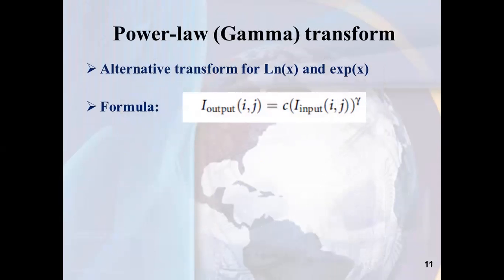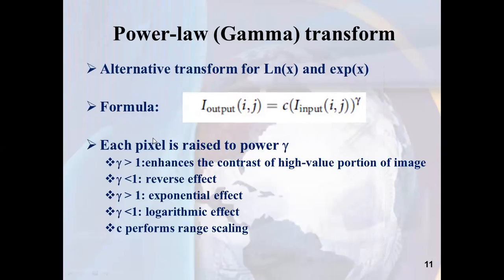Okay, power gamma transformation is an alternative transform for log and exponential. The formula is output equals c times input(i,j) to the power gamma. Power gamma, depending on gamma, covers both log and exponential. If gamma is greater than 1, we enhance the contrast of the high value portion, as if I applied exponential. If gamma is less than 1, as if I applied logarithmic, I am enhancing the contrast of the low value portion of the image.